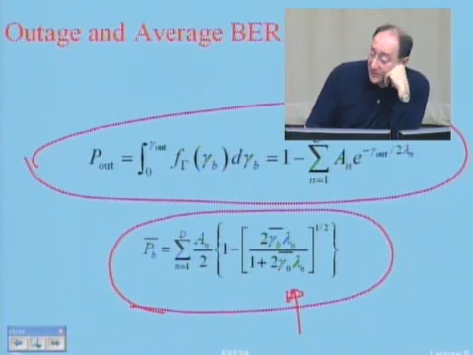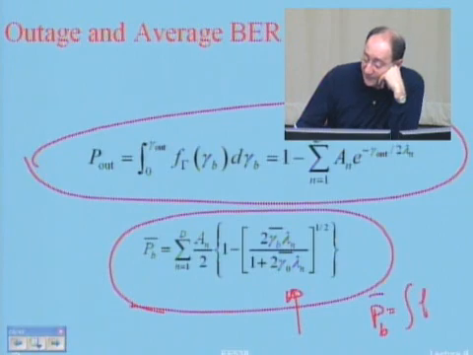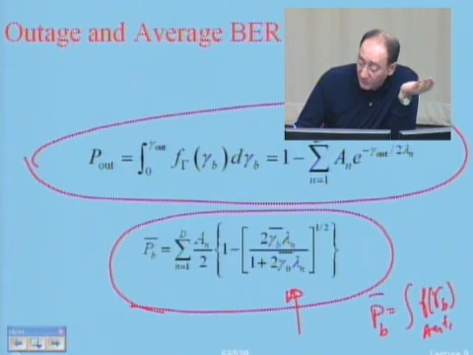So probability of bit error, similar to the past, is the integral of f of gamma sub b times the erfc function, like for binary PSK, which is my case, 1/2 erfc square root of gamma sub b, d gamma sub b.